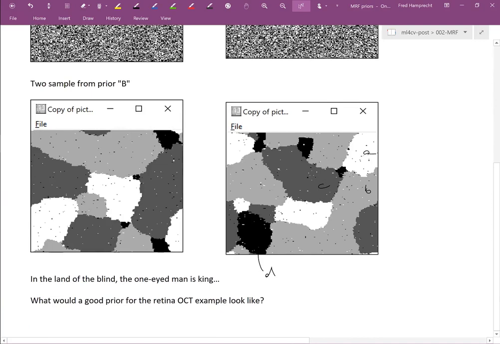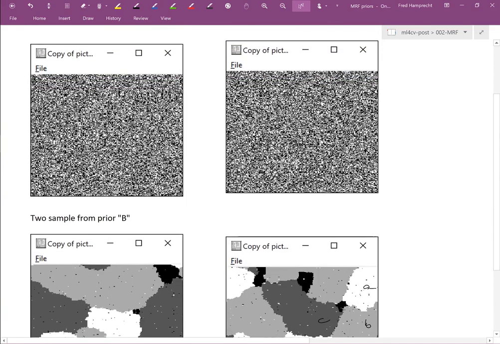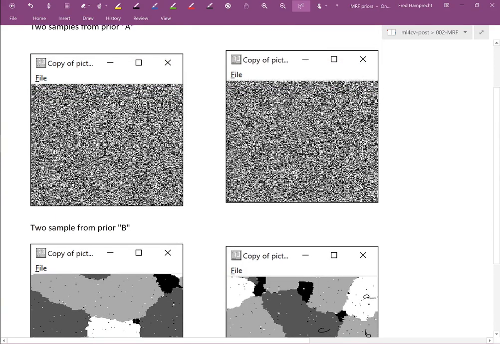Does anyone think prior A would be better for natural images? Nobody. Okay, good.